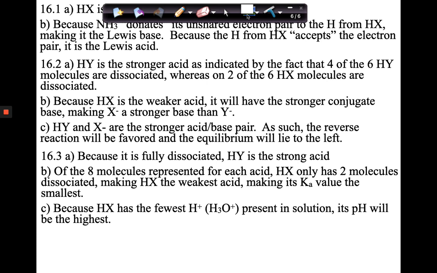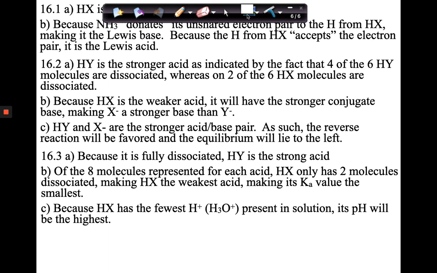All they're saying is you've got a bunch of HX and a bunch of Y. Which side does the equilibrium lie towards? Wait, how are you saying that it's to the right or to the left?